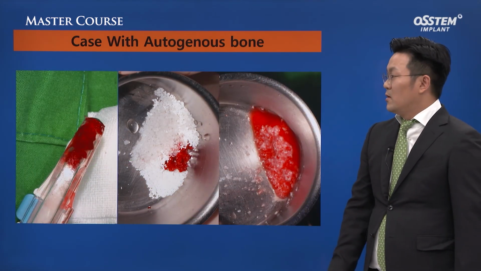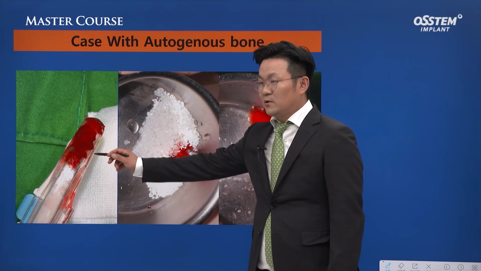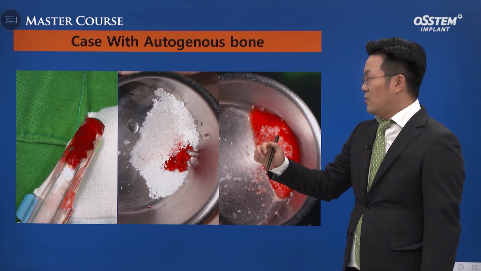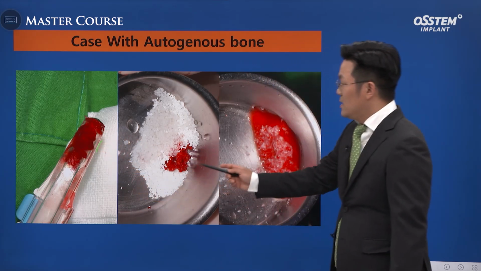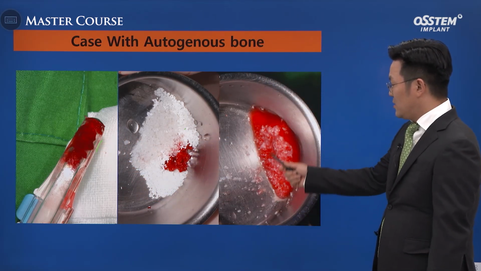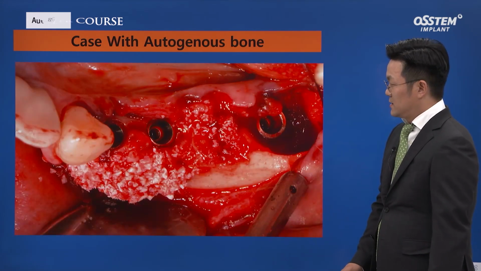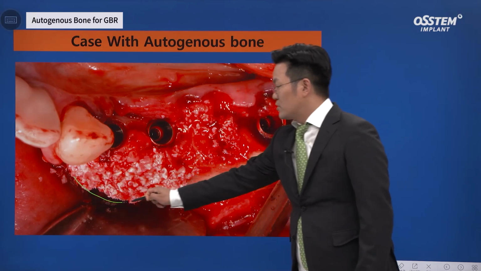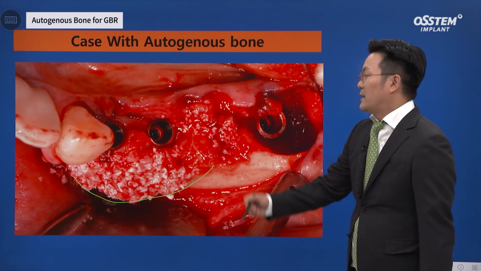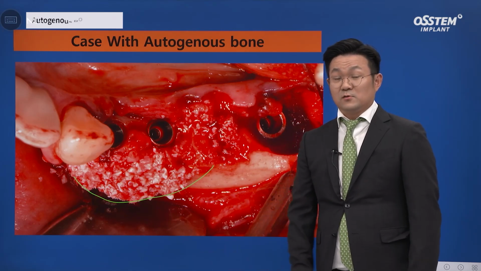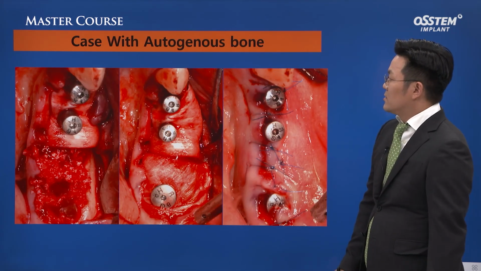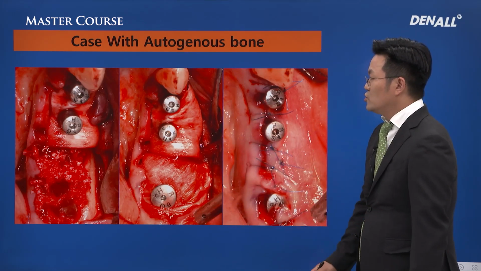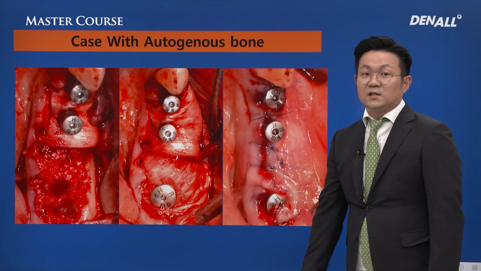A bone scraper was used to scrape some bone from the protruded bone area, and autogenous bone was mixed with xenograft. This is the mixture. On the buccal area, sufficient contour augmentation was performed with a lot of bone graft material considering resorption afterwards, and a collagen membrane was used to cover the site, and the wound needed to be made immobile before suturing.